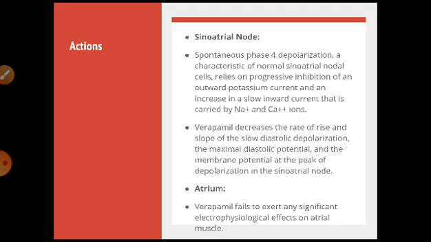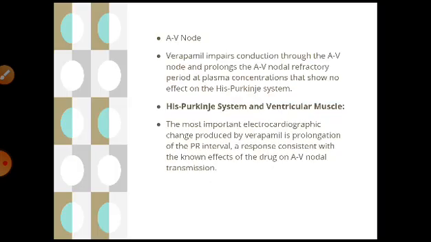What does it do on the atrium? Verapamil fails to exert any significant electrophysiological effect on the muscle. AV node, Verapamil impairs conduction through the AV node and prolongs the AV nodal refractory period at plasma concentrations that show no effect on the His Purkinje system. So now the next effect, on His Purkinje system and ventricular muscle.